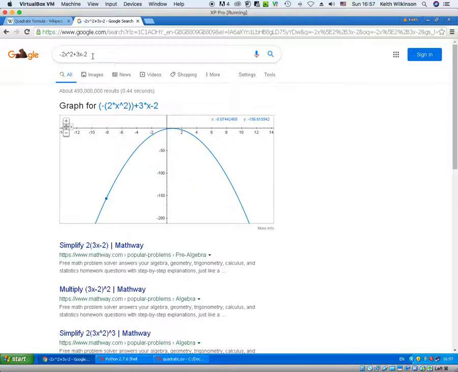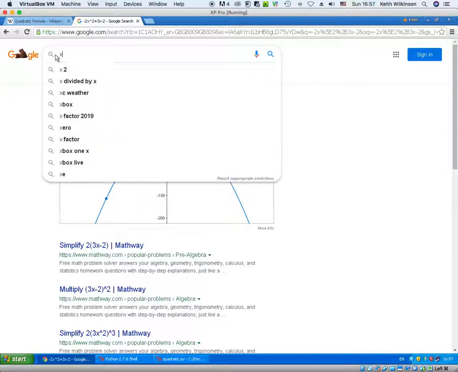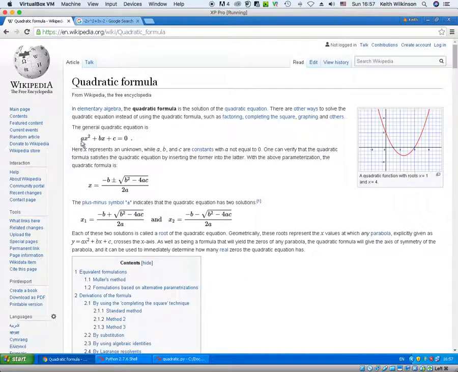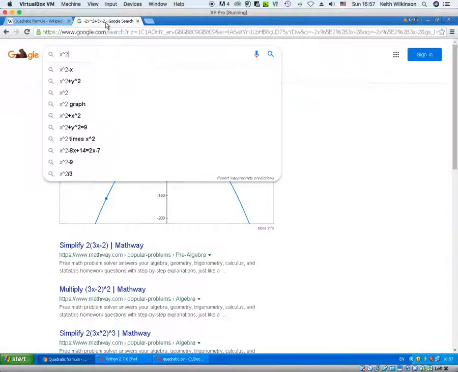So let's do a simpler one. Let's just graph x squared. Now the point of x squared with this formula here is I've got 1 for the a, 0 for the b and 0 for the c, just leaving me with the x squared part here.